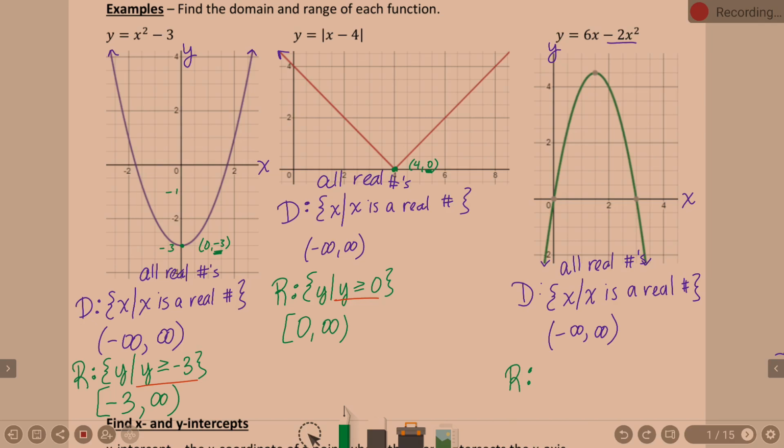Okay. So if we think about that interval notation, it goes down to negative infinity. Infinities in interval notation always use parentheses. Good. Okay. How high is this going? How high does this parabola go?